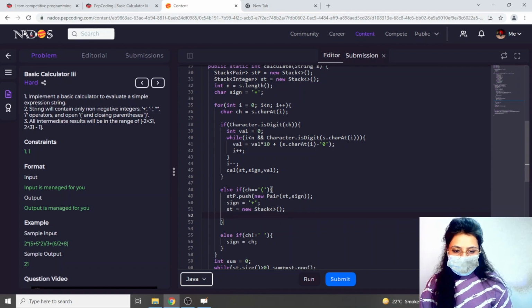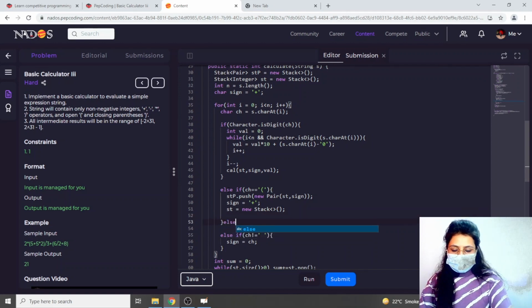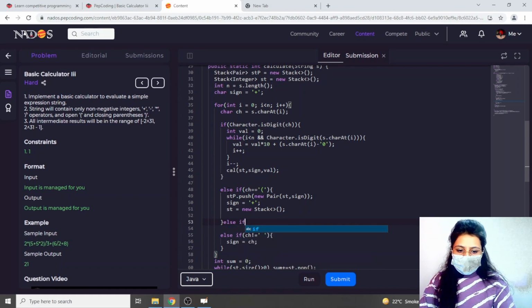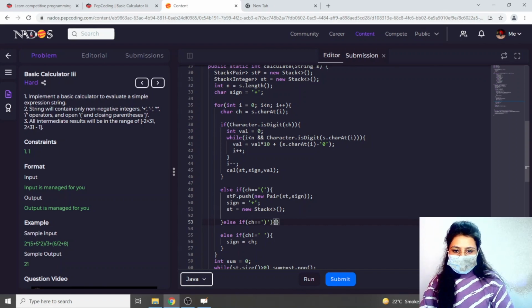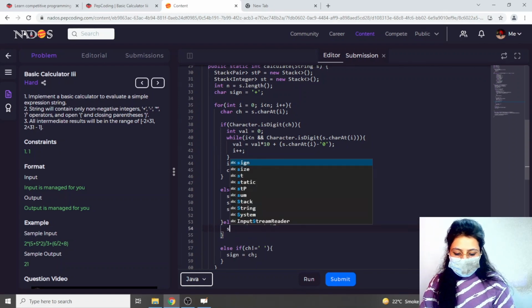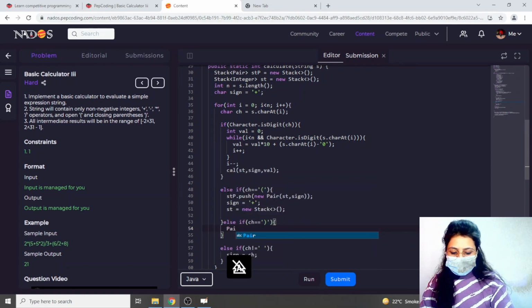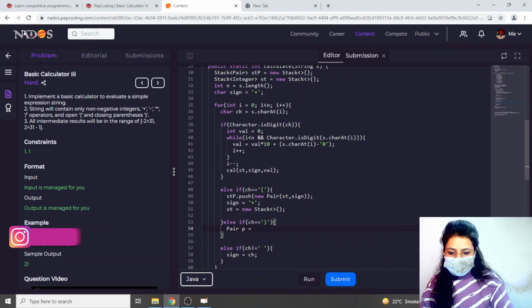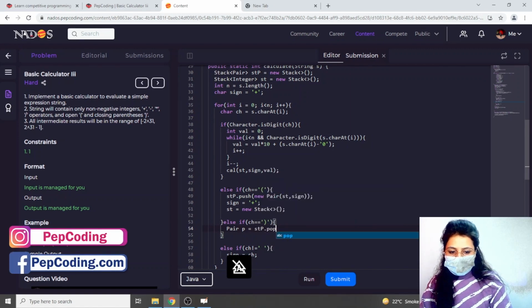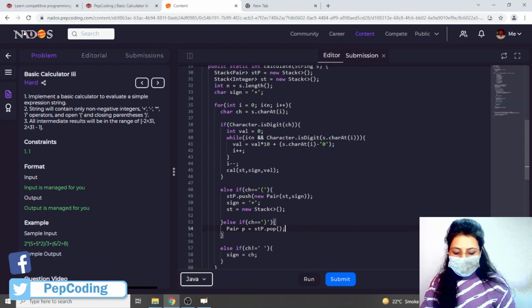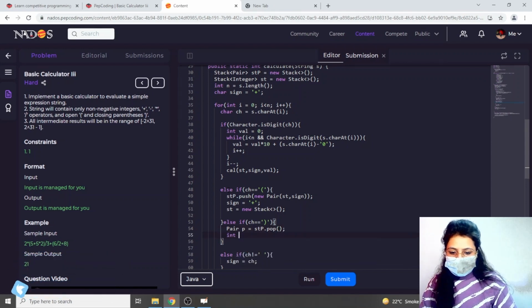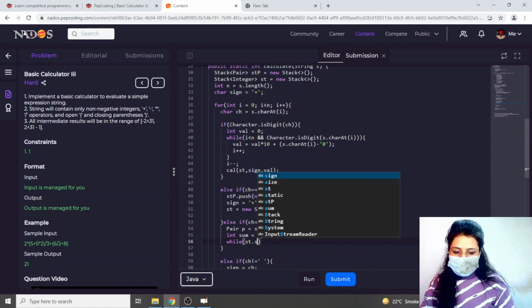Okay. After this, we'll come to our next condition, else if it would be closing parenthesis, ch equal to. Then what will we do? We'll make a pair p equals to stp dot pop, popping the value from stp, and we'll make a sum variable as 0 while our stack dot size is still greater than 0, it's not empty.